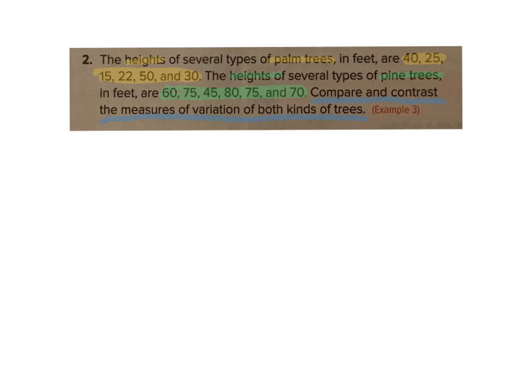So I'm going to do the palm trees in yellow. So I first want to put these in order. I have a 15. Then I have a 22. Yep, 22. Oh, I have a 25. Then I have a 30.